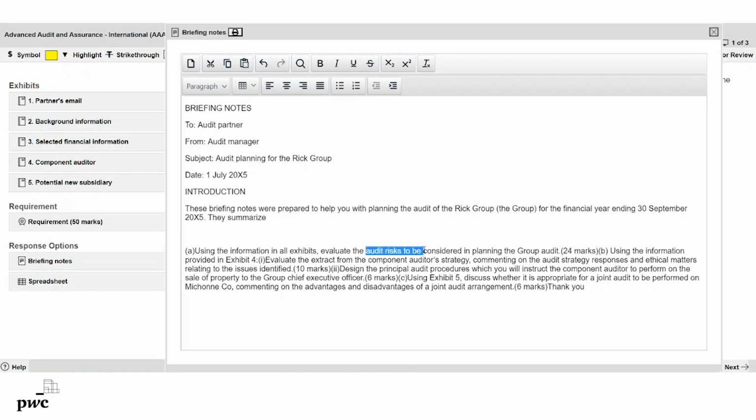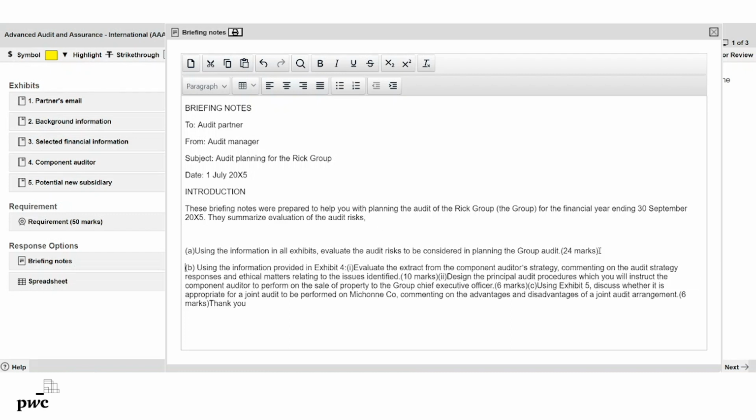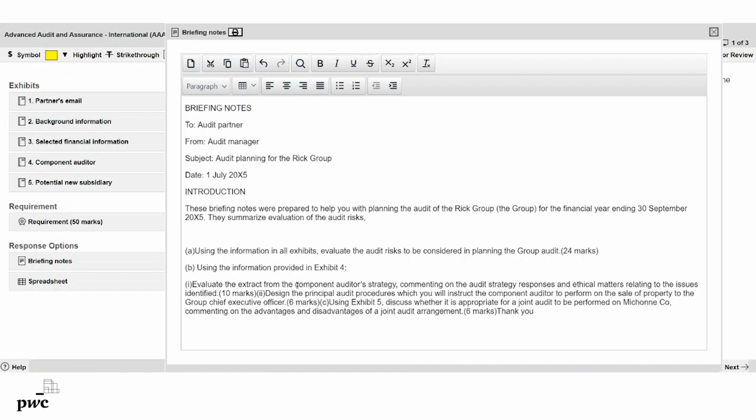So audit risks evaluation. Again, I may even copy it. Second thing which I can see in requirement B, number one is a component audit strategy evaluation. So again, I may copy it.